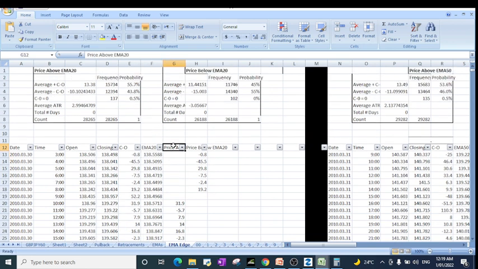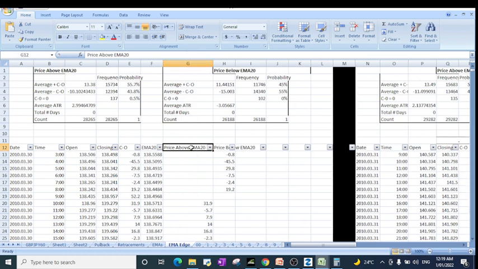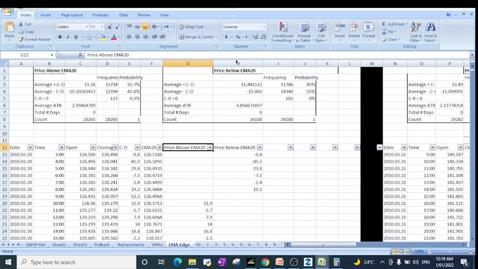So this is price above the 20 period moving average, and price below the 20 period moving average. When price is above the 20 period moving average, the average size of bullish candles is 13 pips, and the average size of bearish candles is 10 pips.